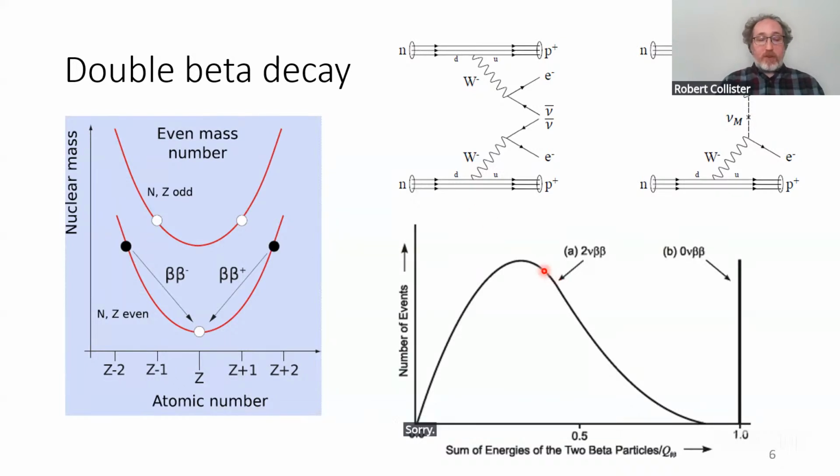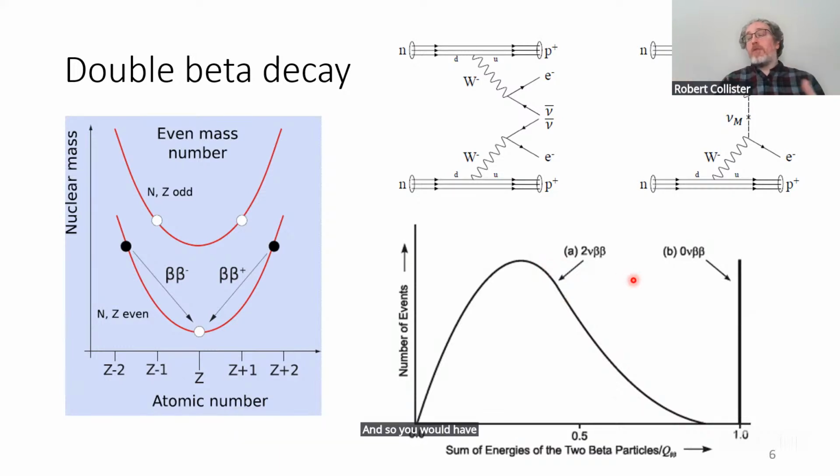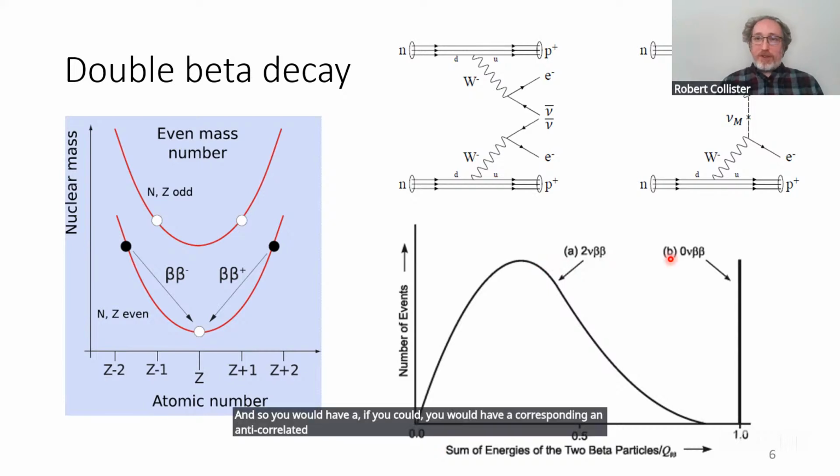What can be observed by the electrons is the spectrum, and then you don't see the energy carried away by the neutrinos. And so if you could, you would have a corresponding anti-correlated function there that would add up to be the total Q value of the decay.